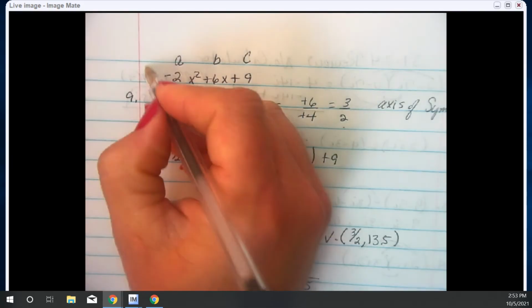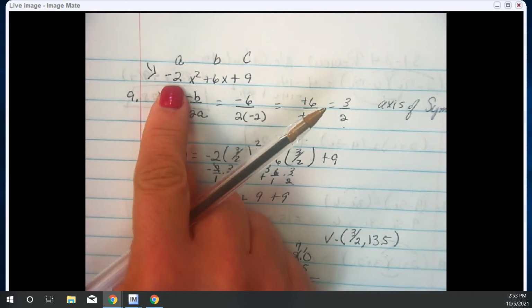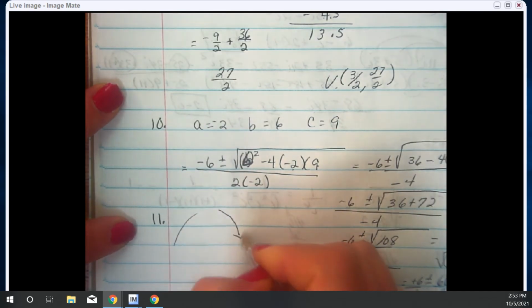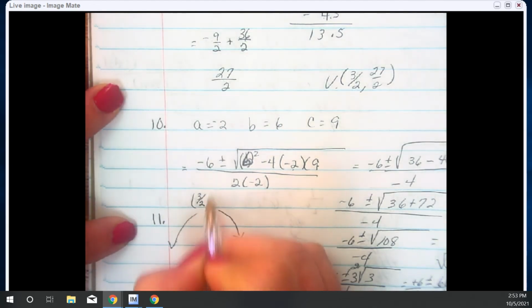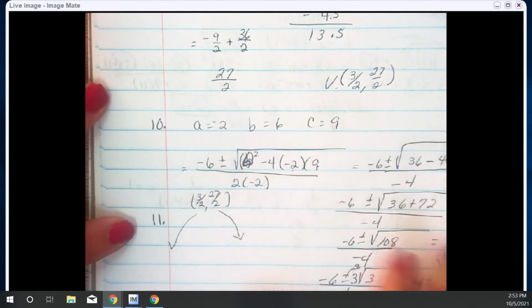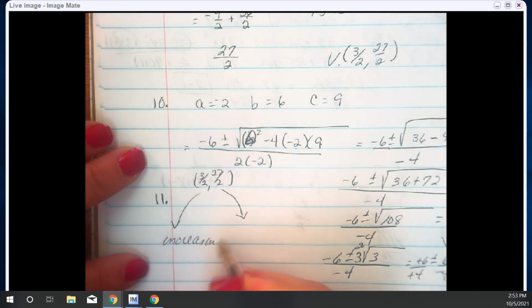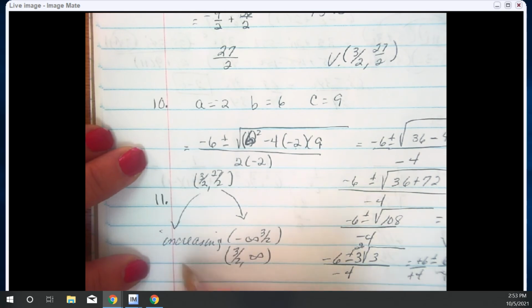If we understand that the parabola is pointing down because it's a negative x squared, and my vertex is that 3/2 and 27/2, the interval in which it is increasing is coming from x values, remember, negative infinity to 3/2, and decreasing from 3/2 to infinity.